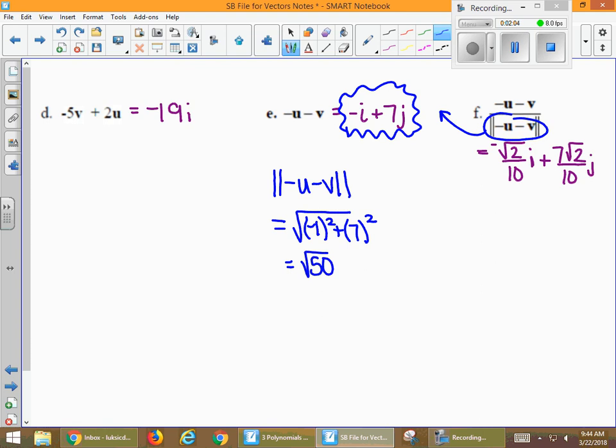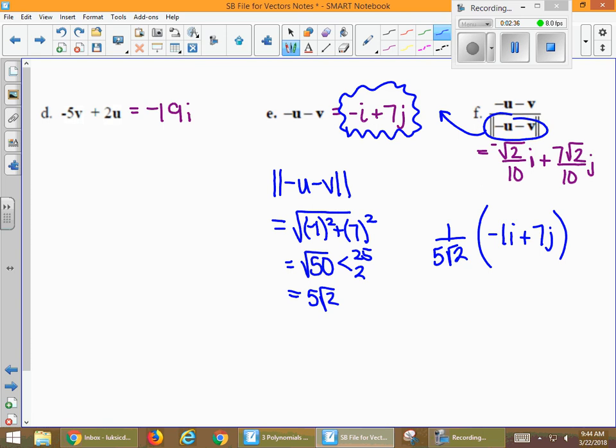And then how would we break down square root of 50? 5 radical 2, absolutely. So 25 and 2, so 5 radical 2. So instead of trying to take this vector and dividing each piece, how I like to write it instead is 1 over 5 radical 2 times -1i plus 7j.